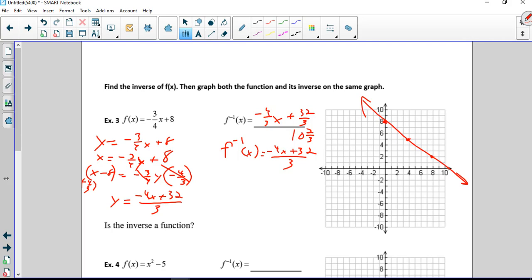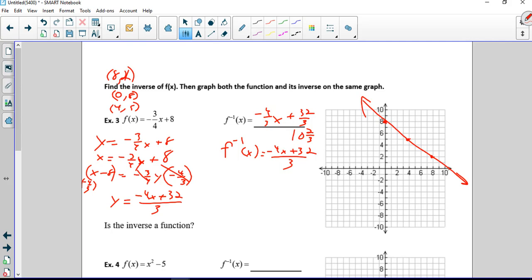So let's go with the easier way of doing this, and write out the points on our original function here. We have (0, 8), (4, 5), and (8, 2). Well, what did we say happens in the inverse function? You just switch the x and the y, correct?